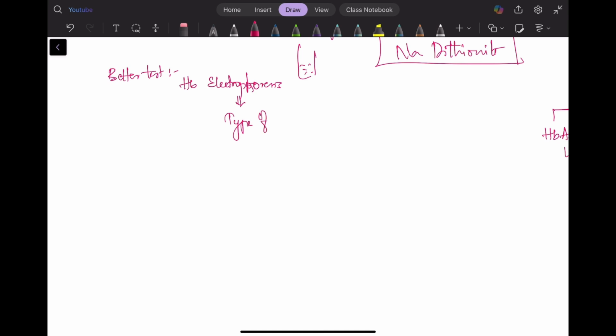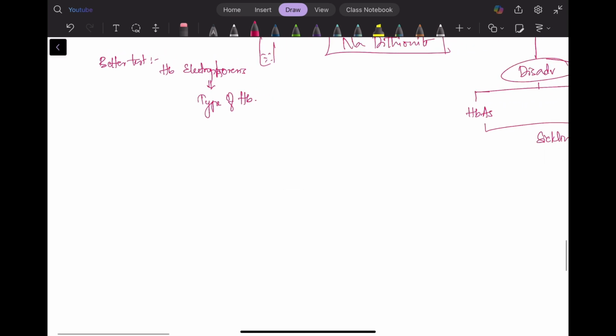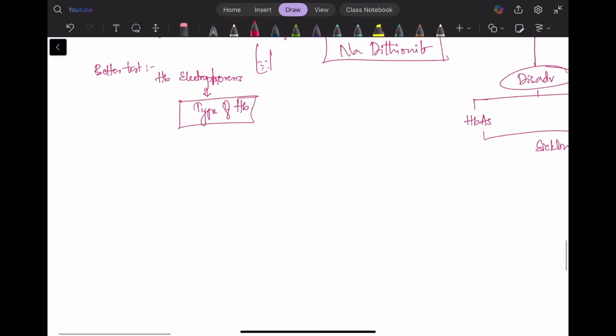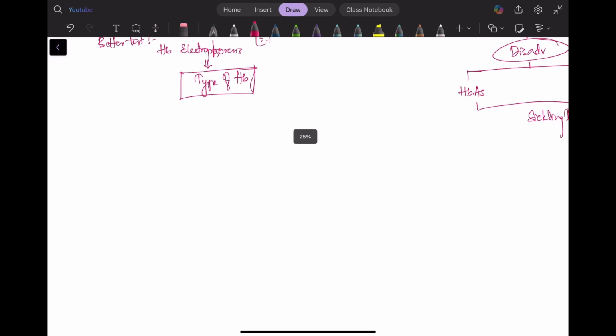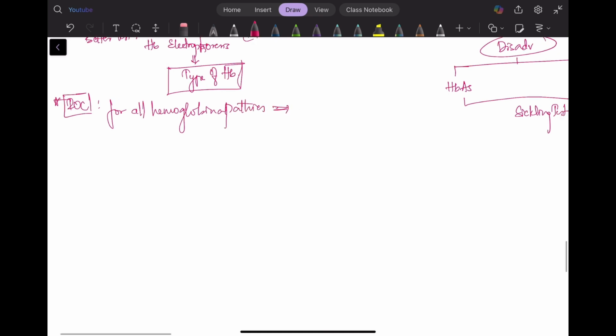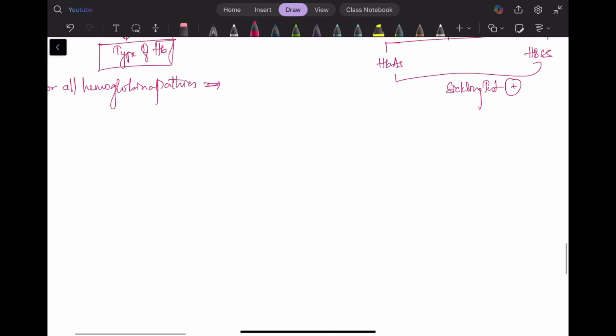It will find out the type of hemoglobin, where we'll accurately know whether he is a carrier or diseased. So here comes our investigation of choice for all hemoglobinopathies, not only this, even including another one, which is thalassemia, right?